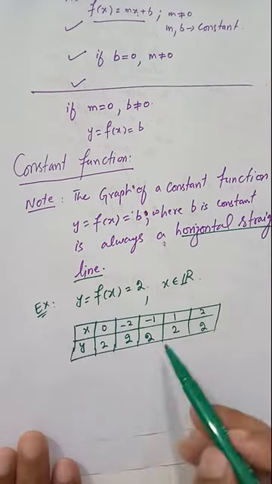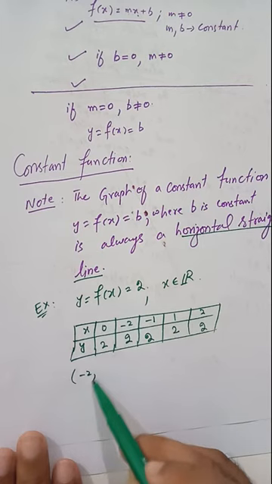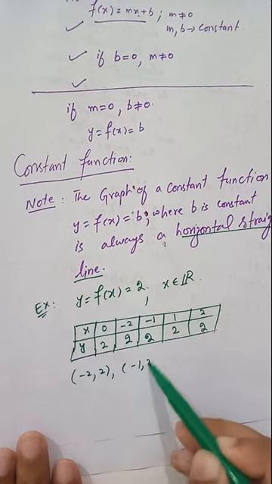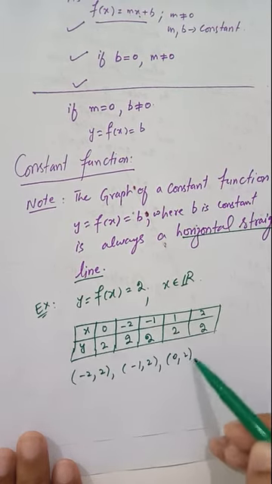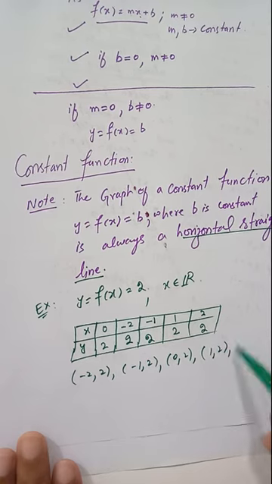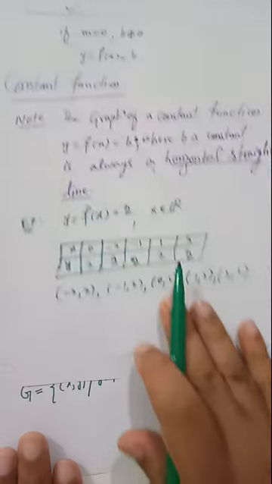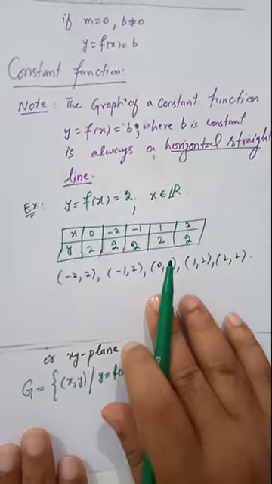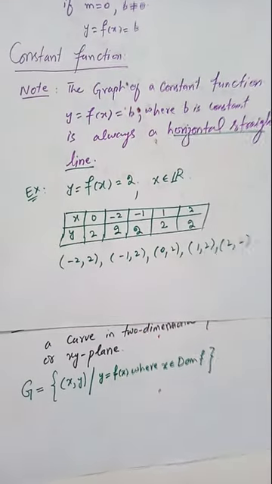So the ordered pairs are in this case (-2, 2), (-1, 2), (0, 2), (1, 2), (2, 2). If you plot these ordered pairs and pass a line, that line will be a horizontal line, 2 units away from the x-axis because y is equal to 2.